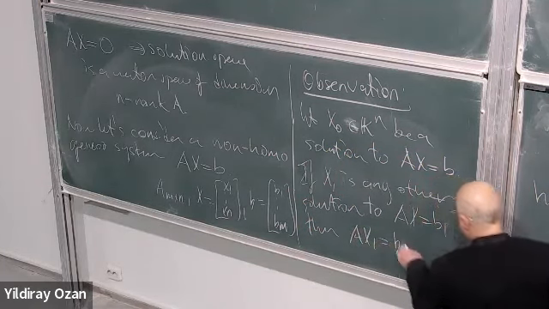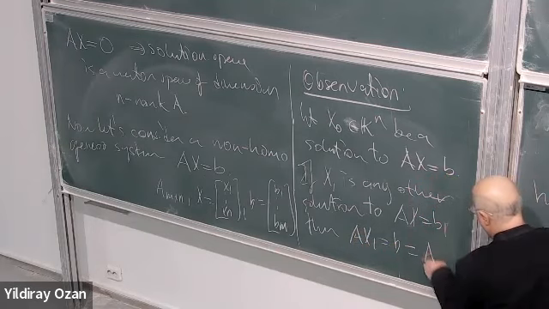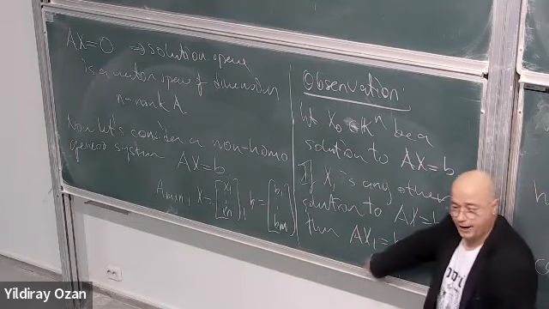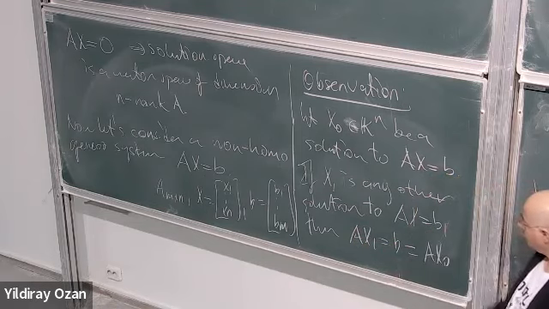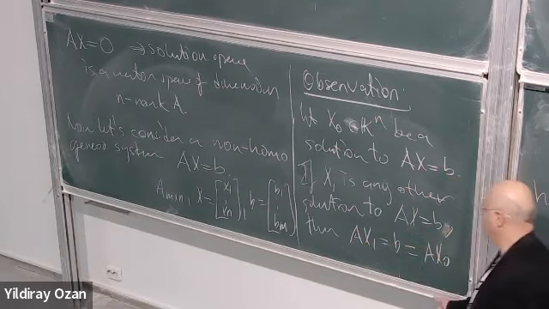Ax1, which is equal to B, but it is also Ax0, right? Both x0 and x1 are solutions to this equation Ax equals B.